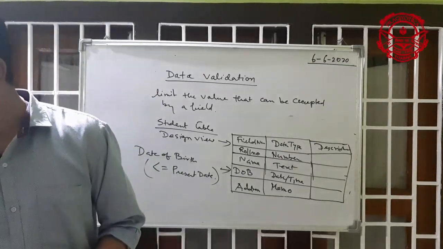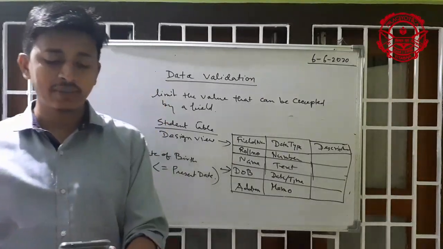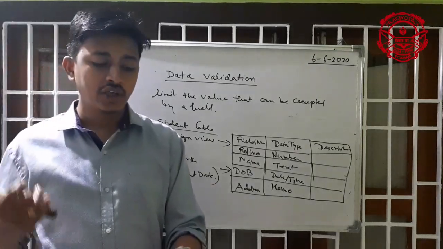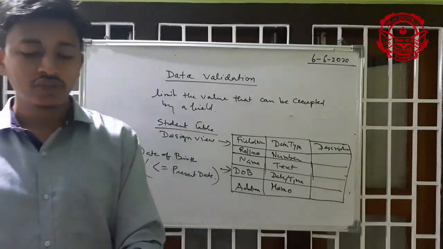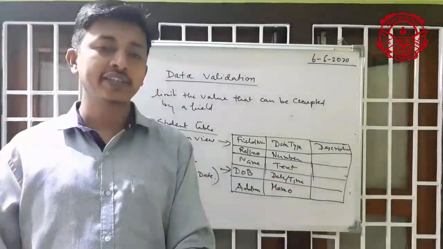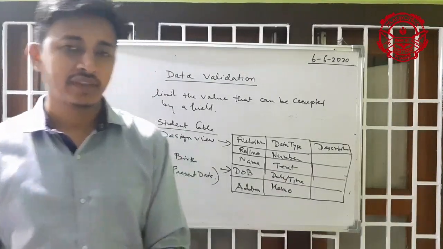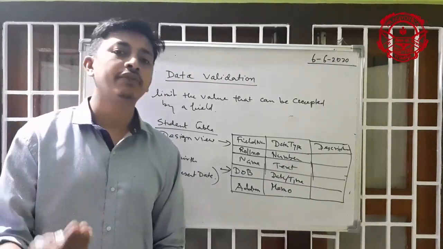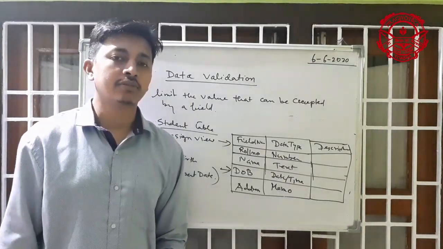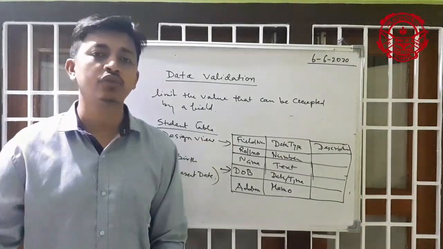Okay, means what? Data validation is the most powerful tool we can use to prevent data entry errors. Means we can prevent data entry errors by defining data validation rules.